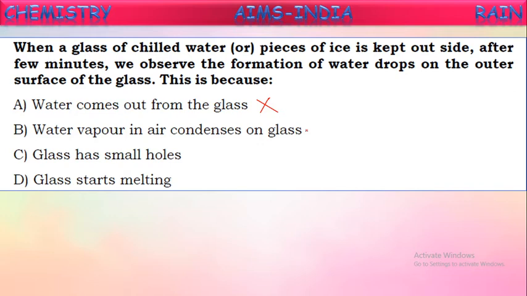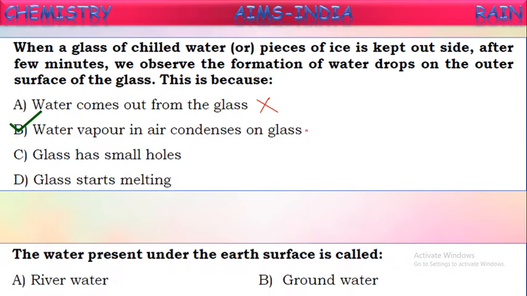When this air touches this cool glass, the water vapor present in the air condenses and becomes a liquid. So these liquid water droplets stick on the surface of the glass. That appears as water droplets on the glass. Okay, this is the correct answer.